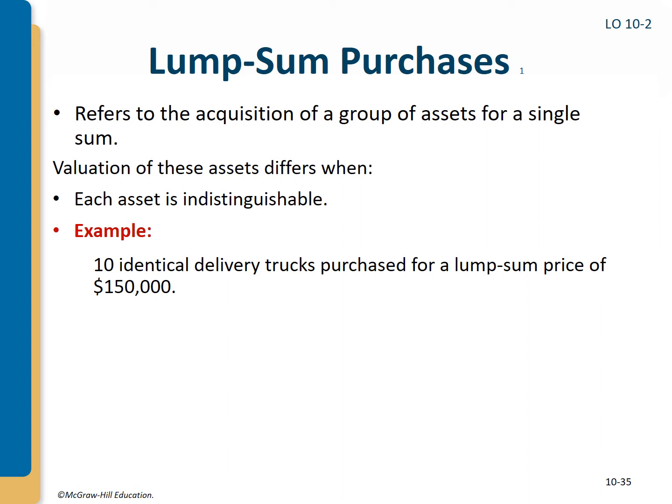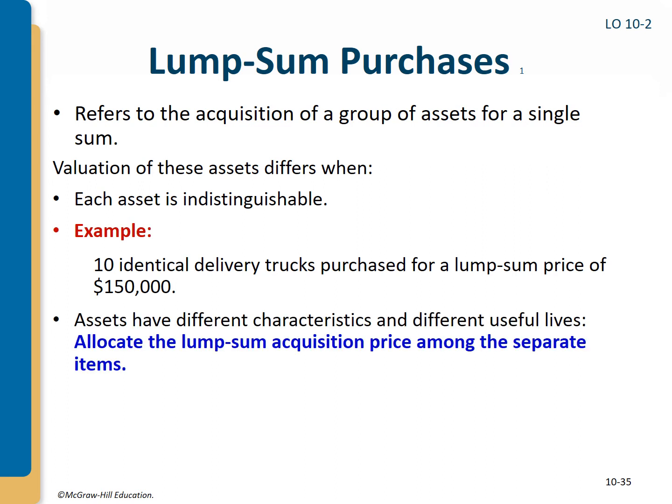So that was goodwill. What about lump sum purchases? Sometimes we purchase more than one asset for one price. Take a look. 10 identifiable delivery trucks purchased for a lump sum price of $150,000. So you bought 10 assets for $150,000. When assets have different characteristics and different useful lives, we got to separate them out.